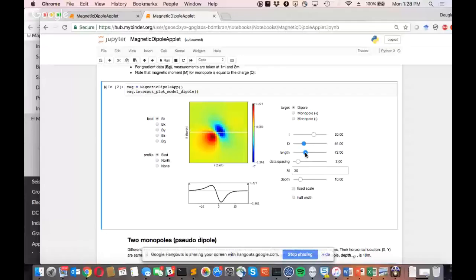Then there's the extent of the survey in meters, which here goes from about -35 to 35 meters. So X and Y are the same.